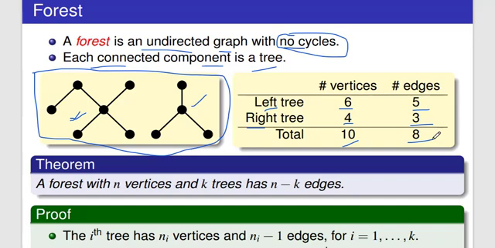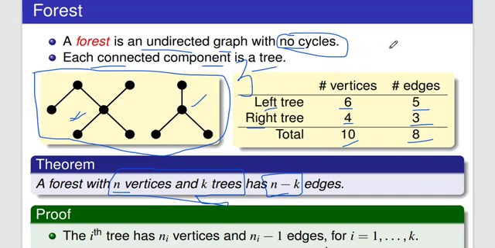Now, a forest with n vertices in total and k trees has n minus k edges. Why? Let's assume there are 3 trees.